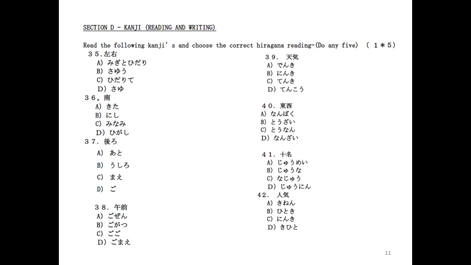Question number 35 is B. 36 is Minami, which is C. 37 is Ushiro, which is B. 38 is Gozen, which is option A. 39 is Tenki, which is option C. Be careful, A is Denki, which is electricity.